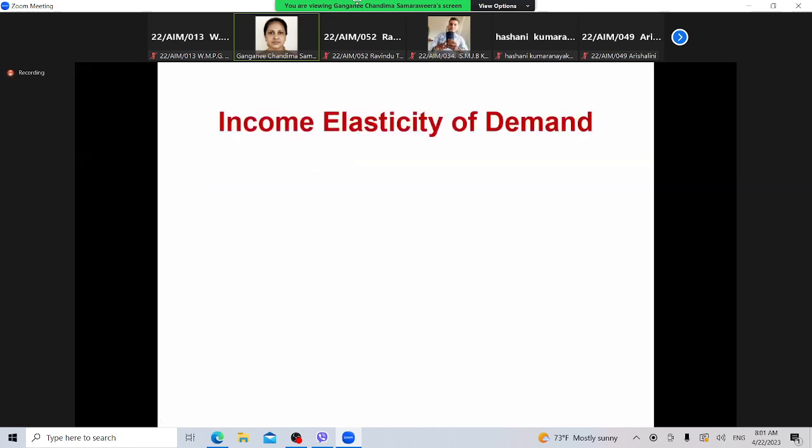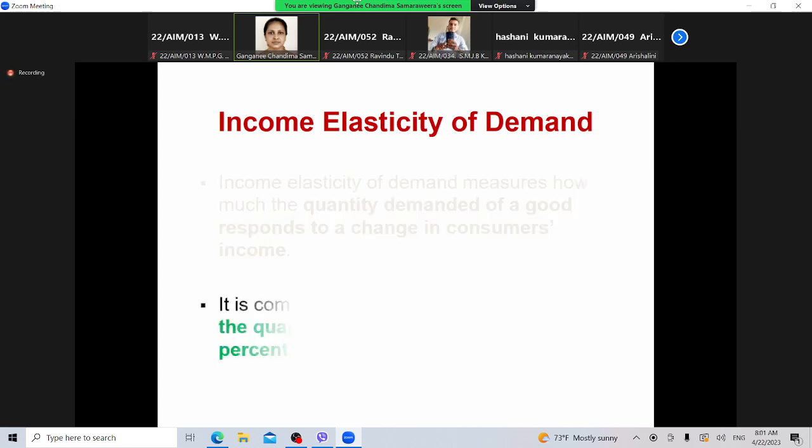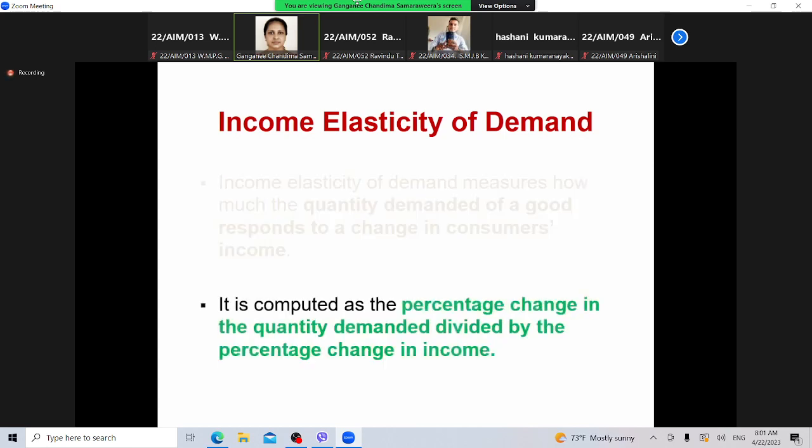Then income elasticity of demand works the same way; instead of price, we have to change the income. In supply, we just change supply instead of demand. So likewise, we can do income elasticity of demand by dividing by the percentage change in income.